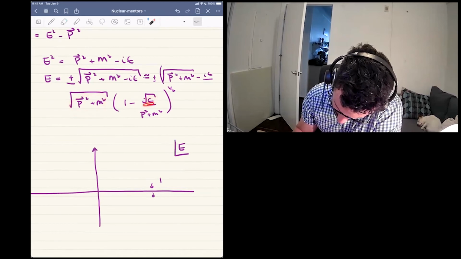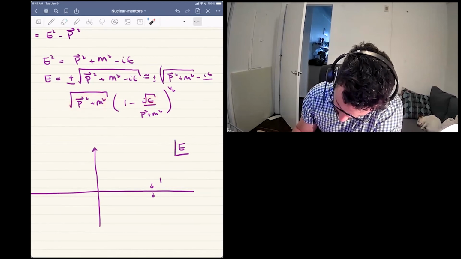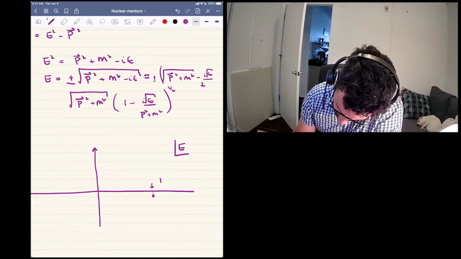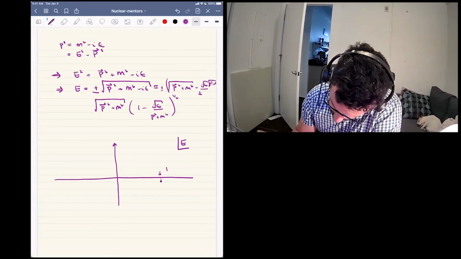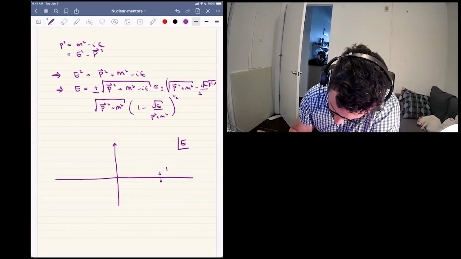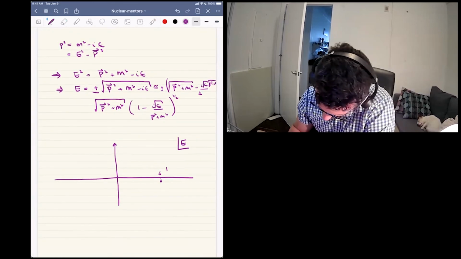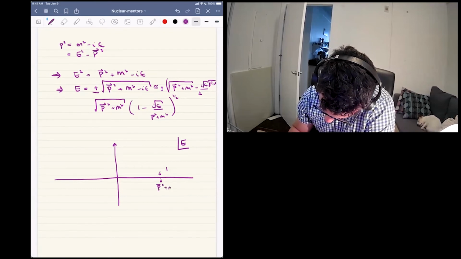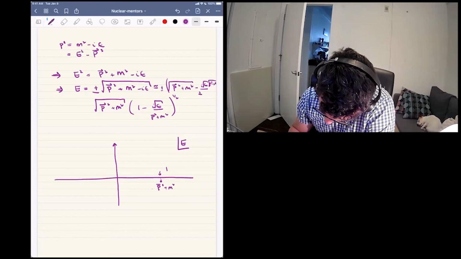Then I can assume epsilon is small. Taylor expand this. I'll get a factor of 1/2 on the denominator, and then I'll have a factor of 2, and then I'll have this, and then p squared, something like this. And so this is shifting the position off into the complex plane just a little bit by some amount epsilon prime, let's say.